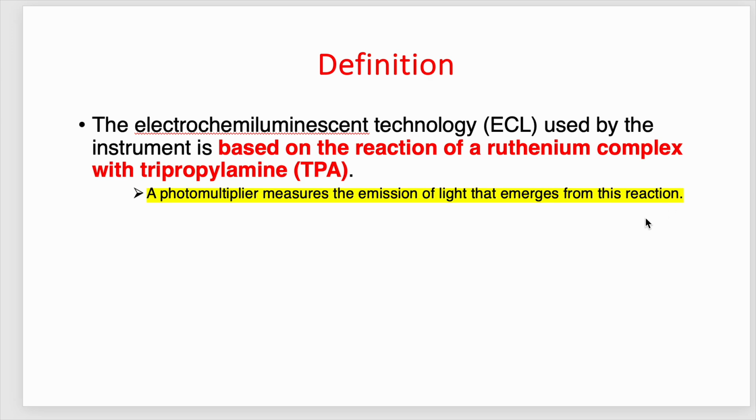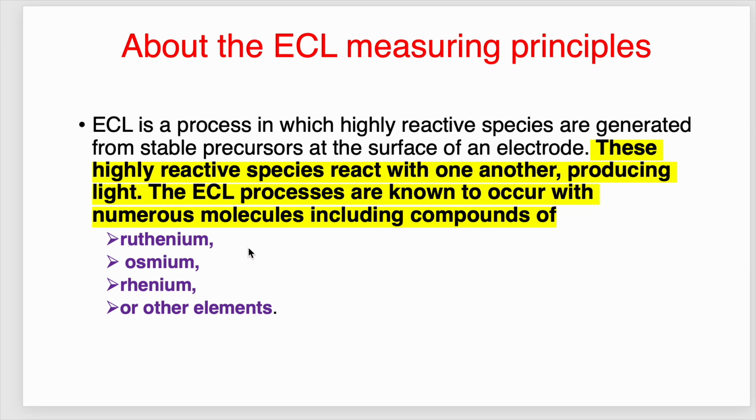A photomultiplier measures the emission of light. These are very reactive metals. You can look at the periodic table and refresh your basic chemistry. Cobas uses ruthenium.